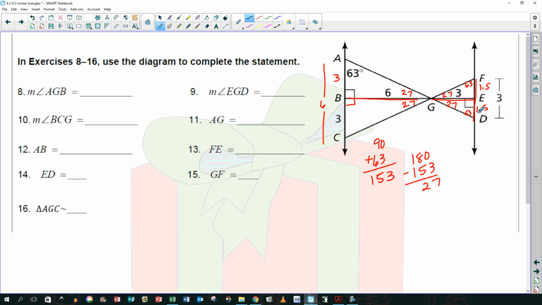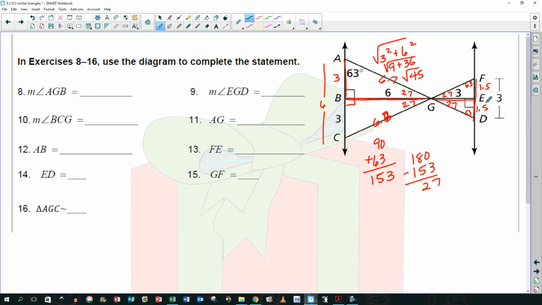So the triangles are similar. And since it's a right triangle, if this is 3 and this is 6, then I can do Pythagorean Theorem. 3 squared plus 6 squared. So 9 plus 36. So the square root of 45. So the square root of 45 is 6.7. So this side is 6.7. So this side is 6.7.